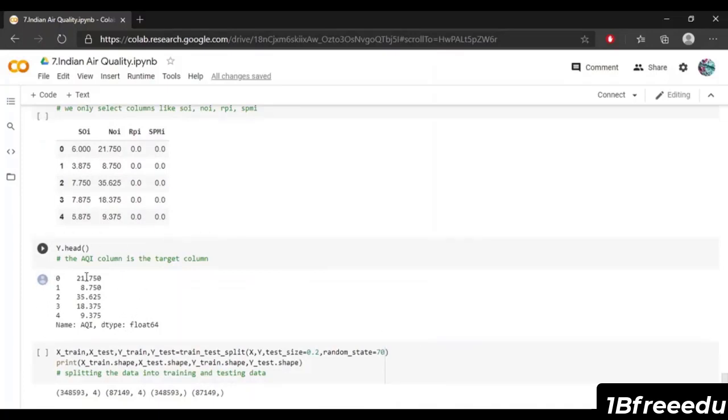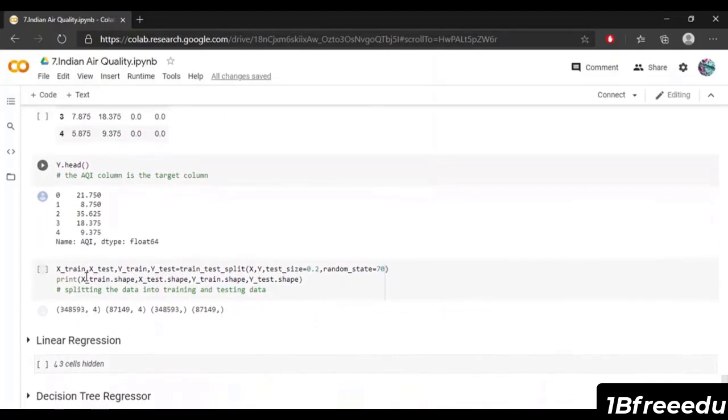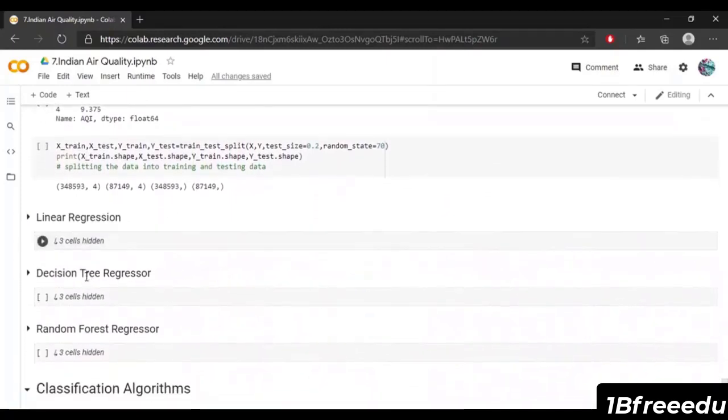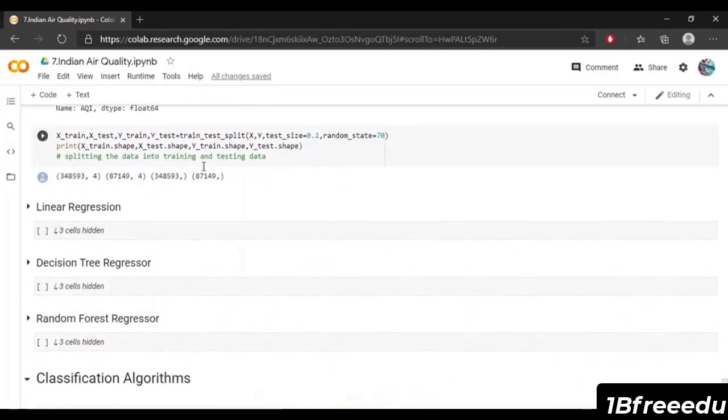So these are basically our independent columns, and these are all our dependent columns. And after that, after we have split our data into independent and dependent columns, the next thing that we have done is that we have separated our data into train and test, and we use the train test split function over here. And we had imported this previously from model underscore selection.